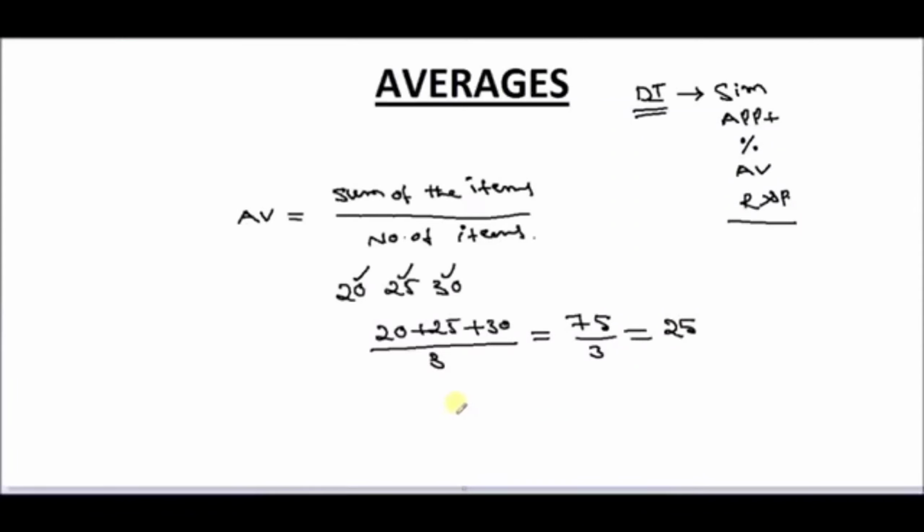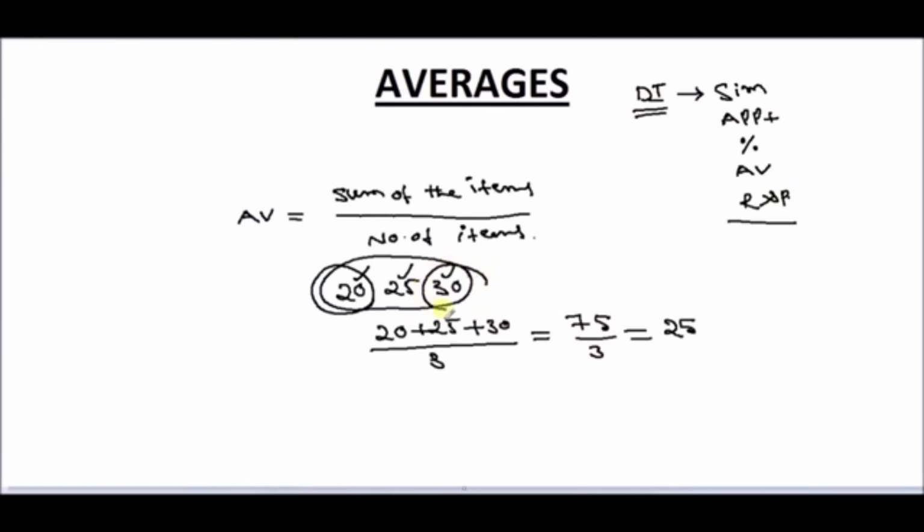Now let us learn some important things about average. After that, we'll move on to some questions. Let us start with basic level questions first. Slowly, I'm going to increase the standard. Always remember, the average must be somewhere between the smallest and the largest of the given findings.